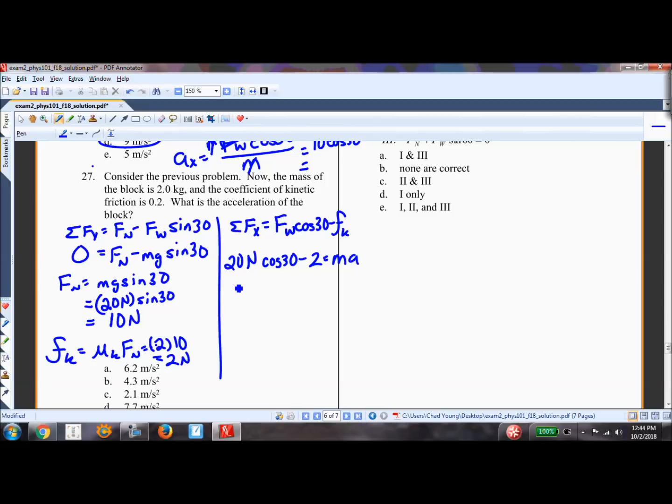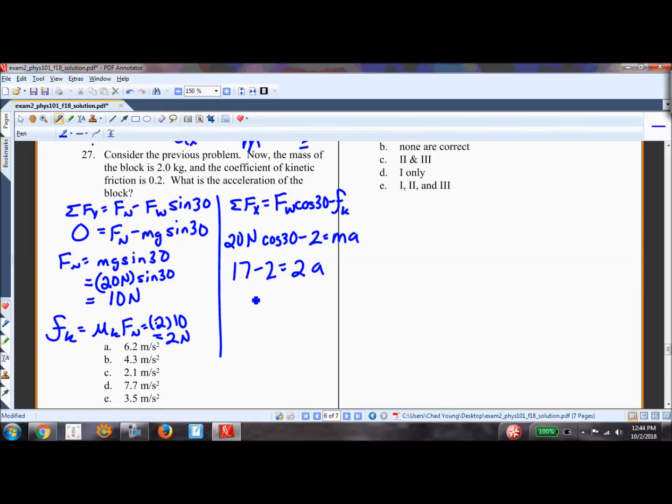This is 17 minus 2 equals 2 times the acceleration, so that's 7.15 divided by 2, 7.7 meters per second squared. I had some rounding. Let's see, I'm not sure what happened here, but I have some rounding here along the way. I'll double check that number and just make sure that it works out right. But 27 is D.